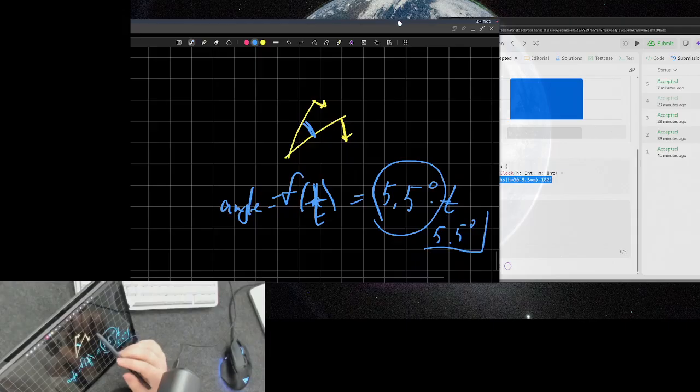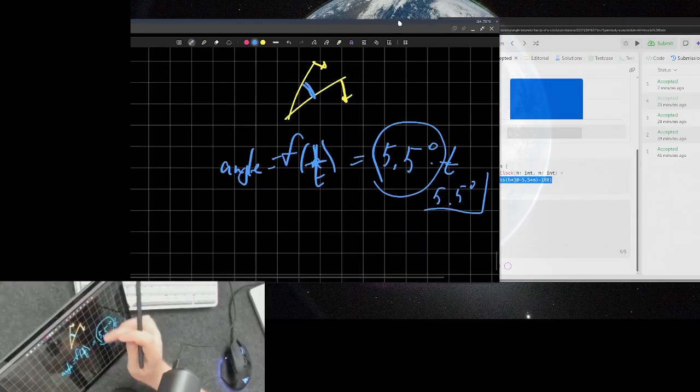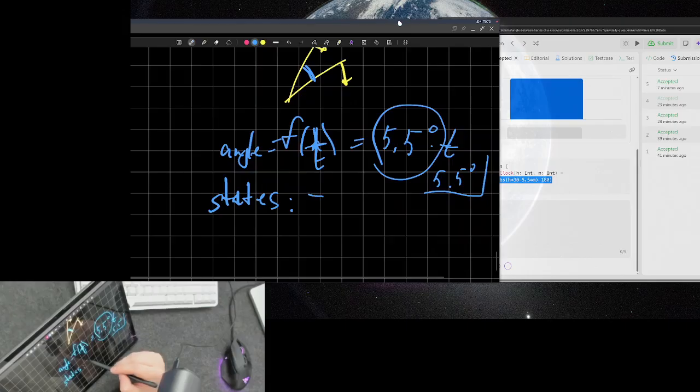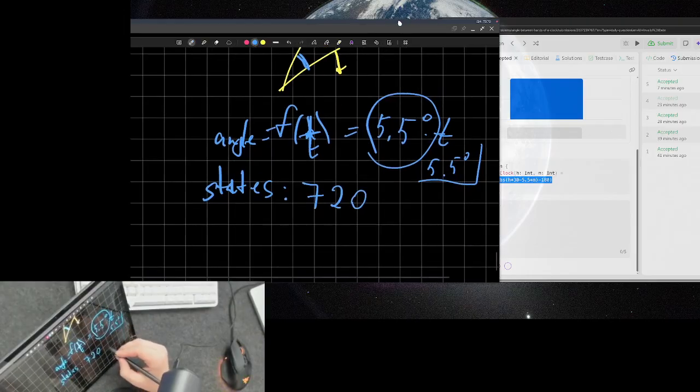Another way is to define the states. We have 720 states of different hours and minutes.